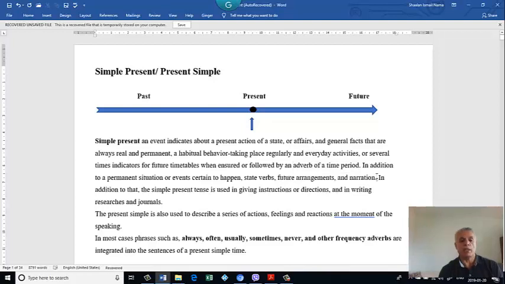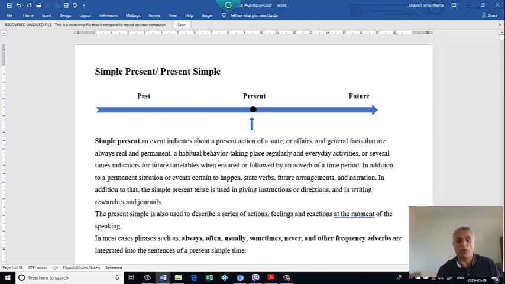In addition to that, the simple present tense is used in giving instructions or directions, and in writing, research, and journals. Here it is very important to know that sometimes when we tell a story, it means narration. For example, when we give an instruction, mostly when we go to buy some equipment, we see the instruction is given in the simple present.